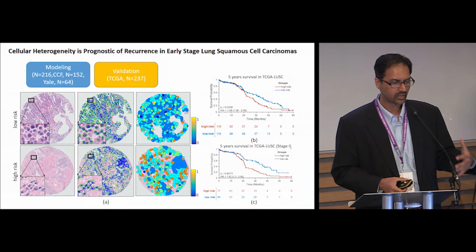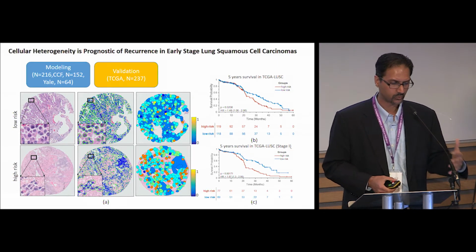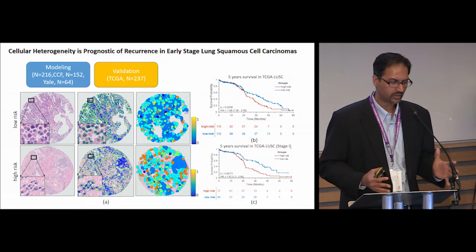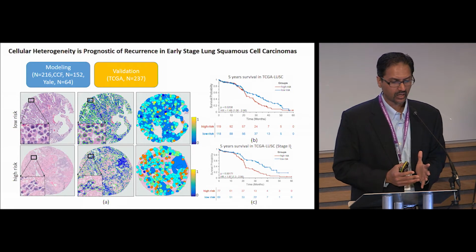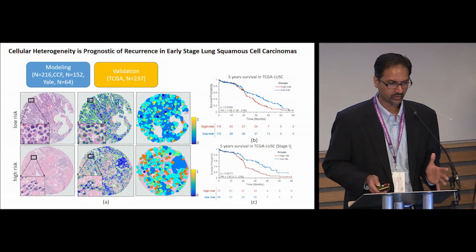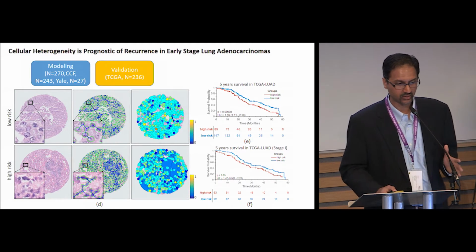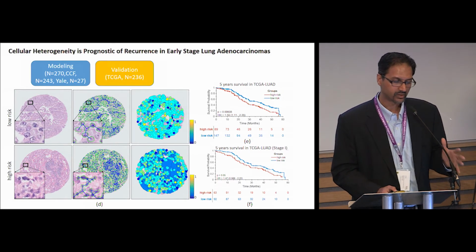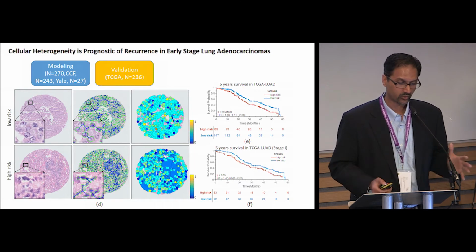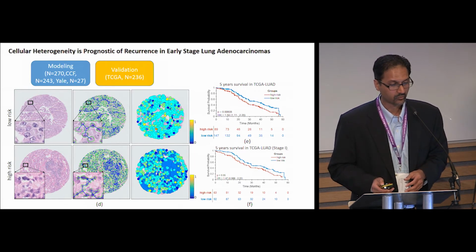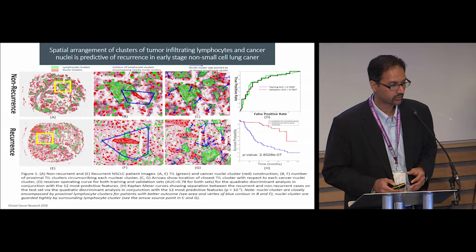Which of these patients requires chemotherapy following surgery, which of these patients don't? And we're finding that these patterns relating to nuclear appearance are strongly prognostic of survival in early stage squamous cell carcinomas, and also in early stage lung adenocarcinomas, these features hold up. They're strongly prognostic, and we're getting ready to submit this paper for possible publication.